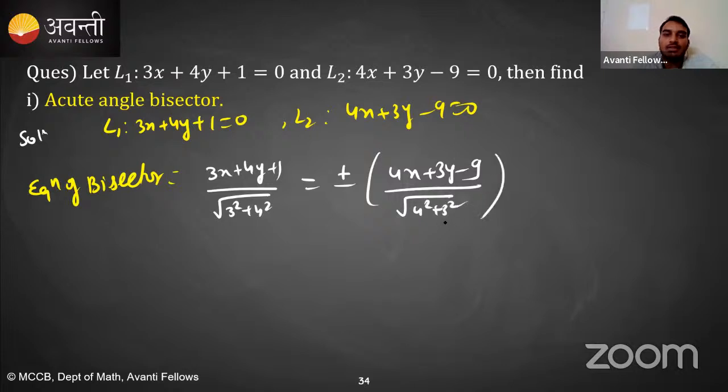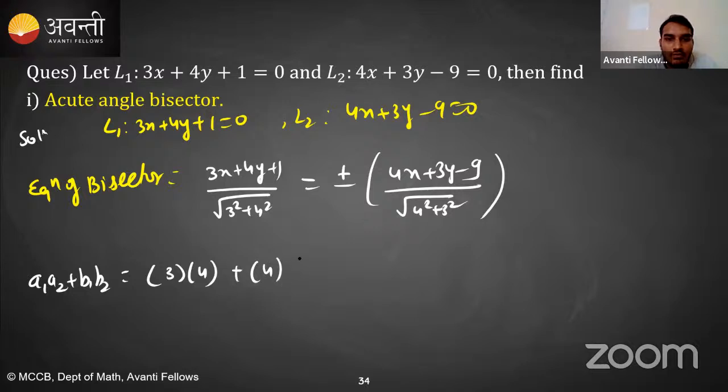Clear? So now one of the signs will give me the obtuse angle bisector and the other sign will give me the acute angle bisector. So which sign do we have to take? That will depend on A1A2 plus B1B2. Now, what is A1A2 plus B1B2 coming? What is A1? 3. What is A2? 4. What is B1? 4. What is B2? 3. So 3 into 4 plus 3 into 4. So it is clearly positive, right?